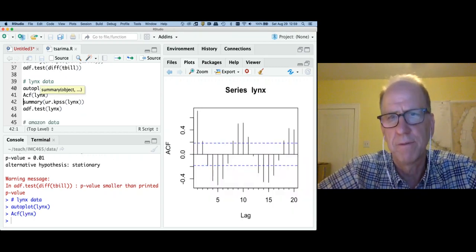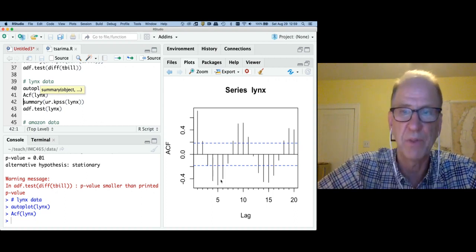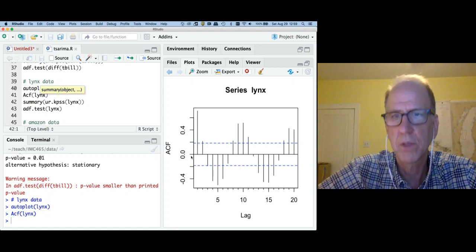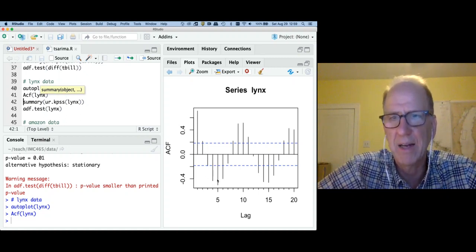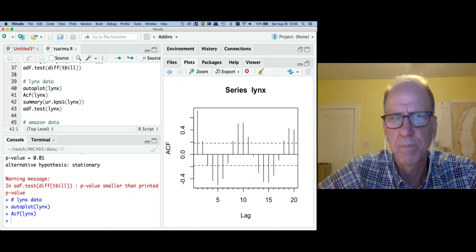We look at the ACF, we see a lot of significant autocorrelations. So initially, they're very correlated with each other, then they're negatively correlated. So if we look at the current period and 5 periods back, they tend to go in opposite directions. So here we have a very strong ACF.